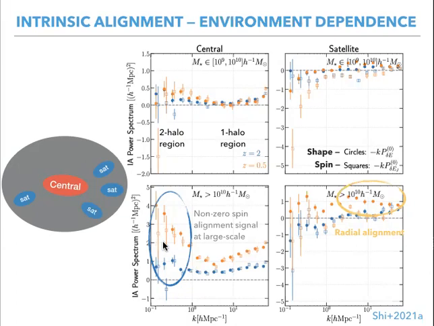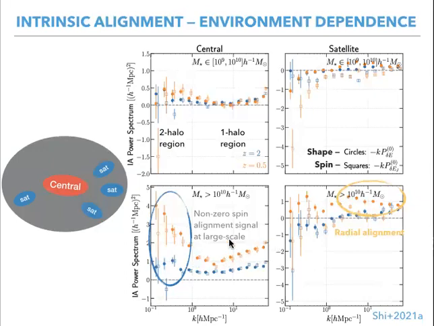In the ideal case, the spin is aligned with the minor axis of the ellipsoid, so we should expect those signals to be the same. But actually there is a misalignment between the spin and the minor axis, so they do not always agree with each other. But we found that for massive centrals, the spin tends to be aligned very well with the minor axis. For some low mass satellites, the signal is not so good.